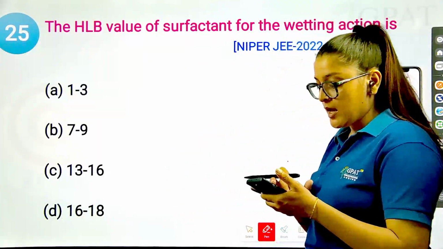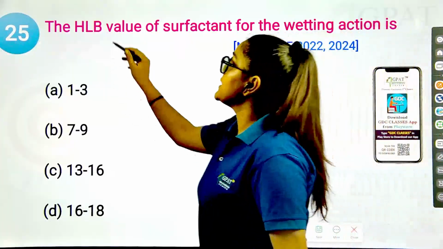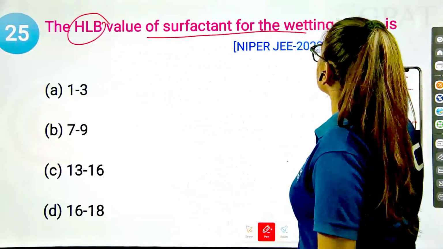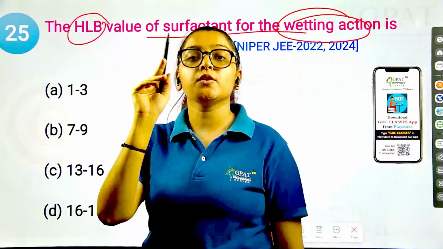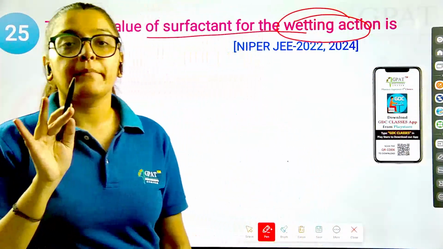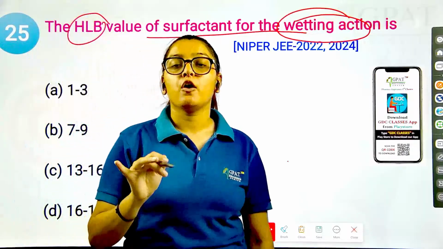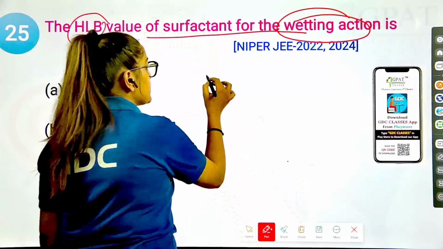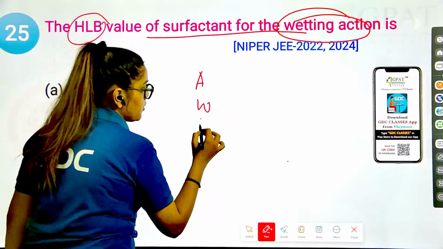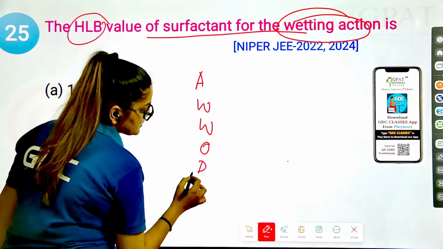Okay, next question. The HLB value of the surfactant which is acting as a wetting agent, asked in 2022 and 2024. Based on the classification of surfactants by their HLB values, we have already put them as ODS, right?